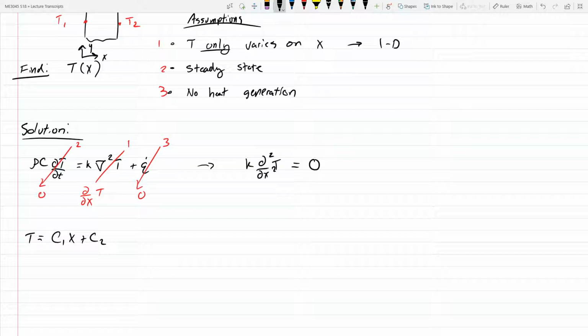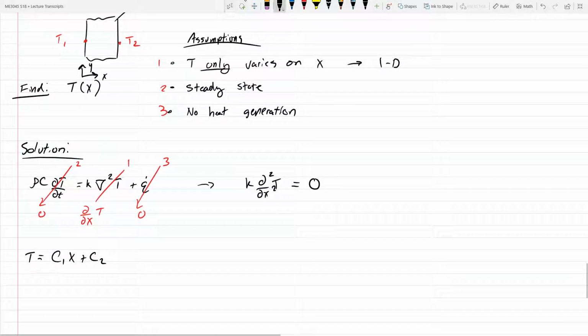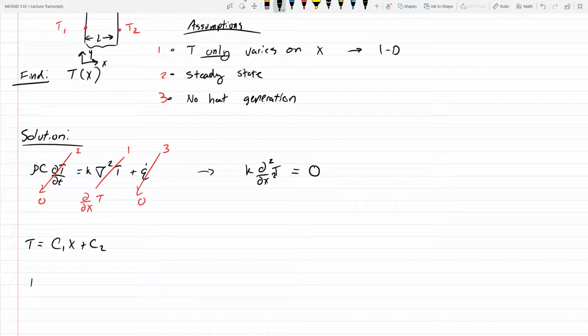So now if we apply those known temperatures at the inside of the wall and the outside of the wall, that is, if we say that this wall has a thickness of L, then we know that T equals T1 at x equals 0, which is our first boundary condition. Plugging in x equals 0, we end up with T1 equal to C2.